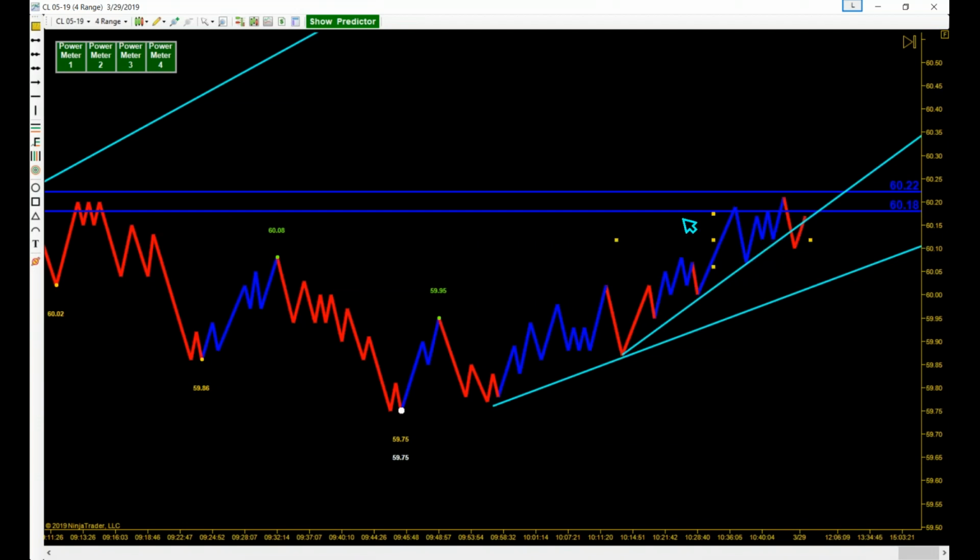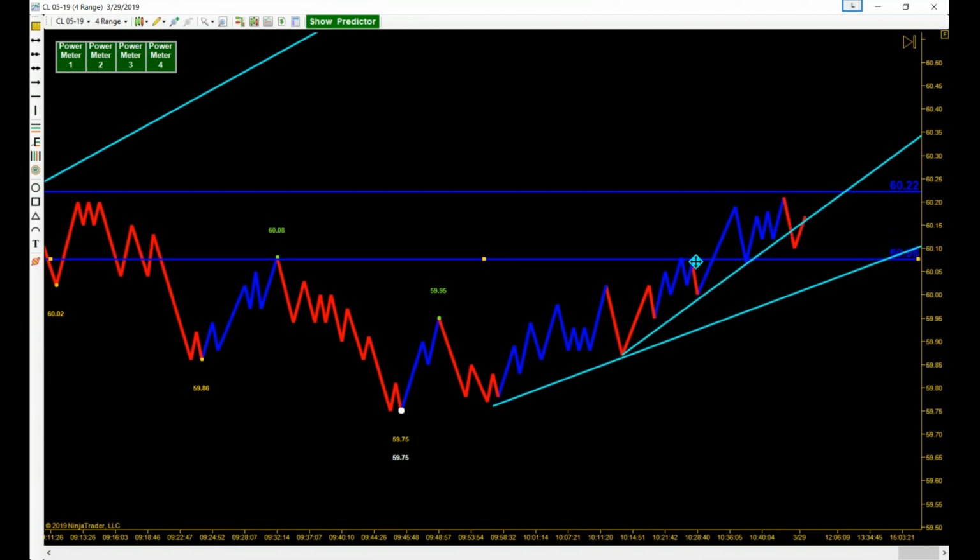There's your identified swing on the left right there. There's your identified swing on the left. I still consider this one to be, if it goes higher, we'll go with this one. But right now, it's right here. That's your identified swing.